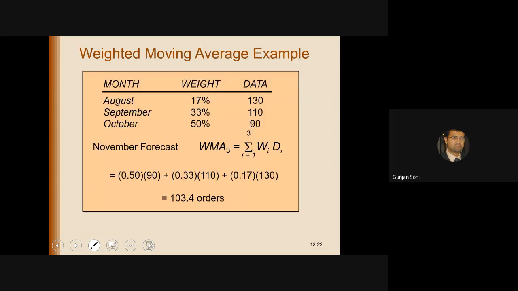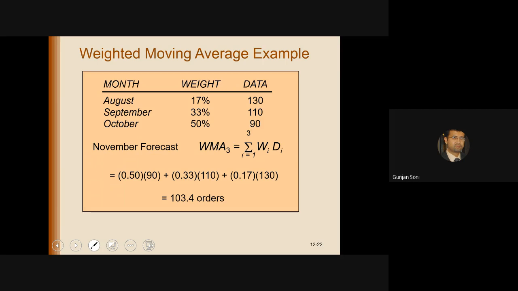Okay, so let's say weighted moving average. We have 3 months, and we give more weightage to the October month as compared to August and September, for the simple reason that in October it's a festive season. So we give more weightage to it, and the data is also given to you.